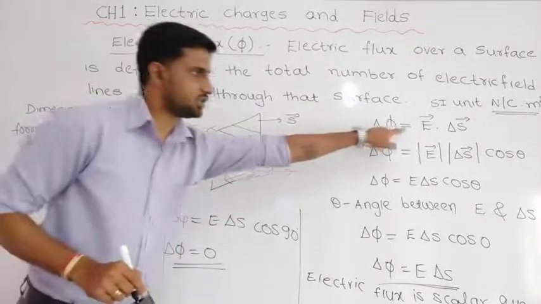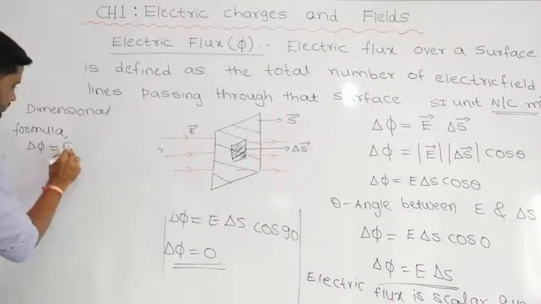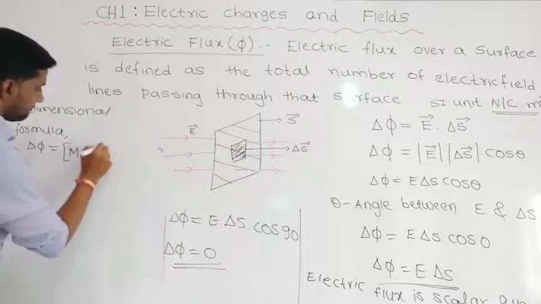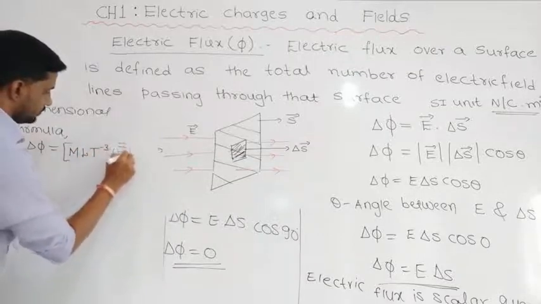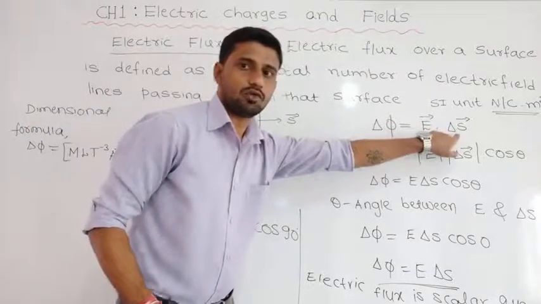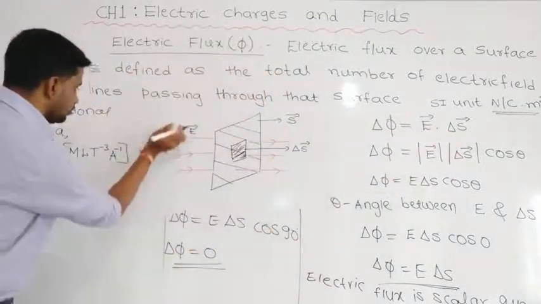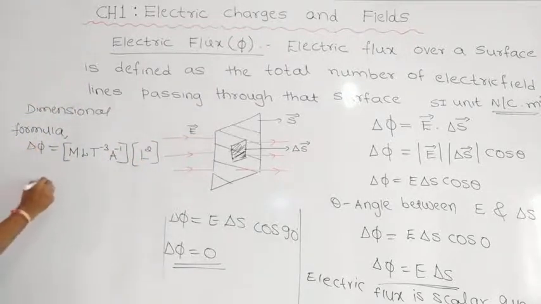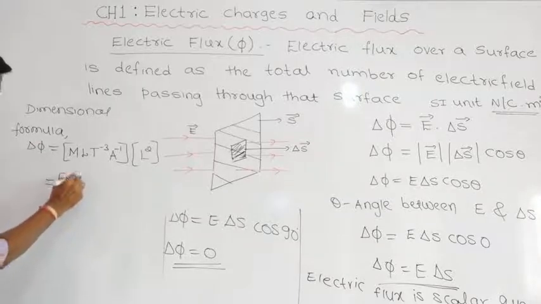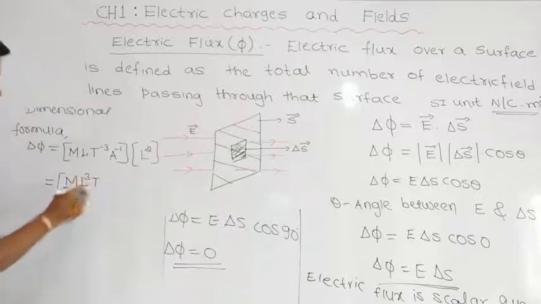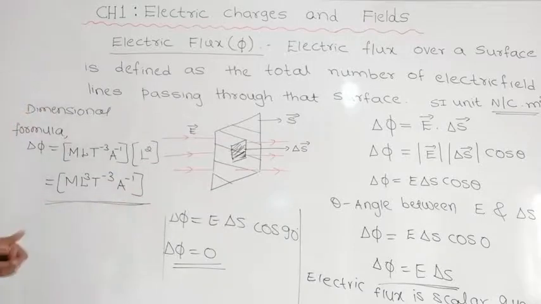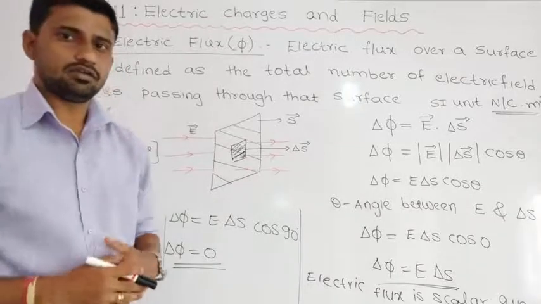We know the dimensional formula for electric field is M L T minus 3 A minus 1, into the dimensional formula for surface area, that is L square. Then the dimensional formula for electric flux is M L cube T minus 3 A minus 1. So this is the dimensional formula for electric flux. So that is about electric flux.